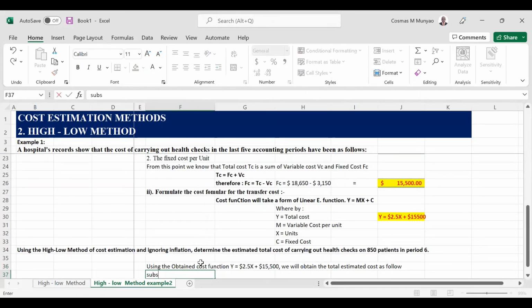Substitute x in the above equation with 850 patients.